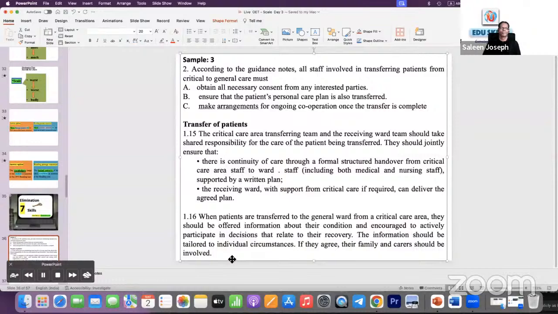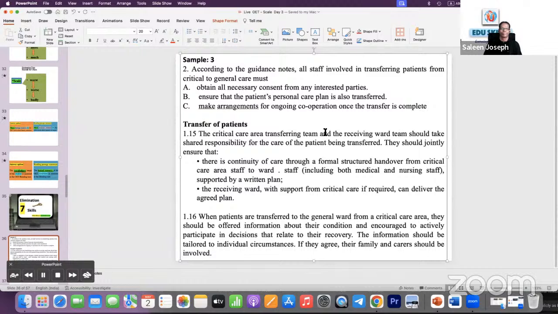2. According to the guidance notes, all staff involved in transferring patients from critical to general care must obtain all necessary consent from any interested parties, ensure that the patient's personal care plan is also transferred, and make arrangements for ongoing cooperation once the transfer is complete. Transfer of patients 1.15: The critical care area transferring team and the receiving ward team should take shared responsibility for the care of the patient being transferred.